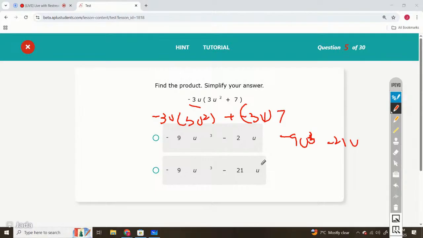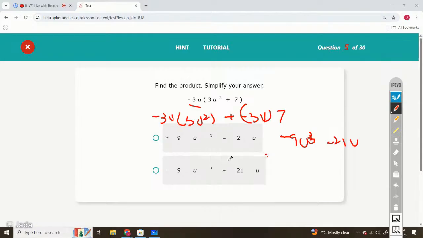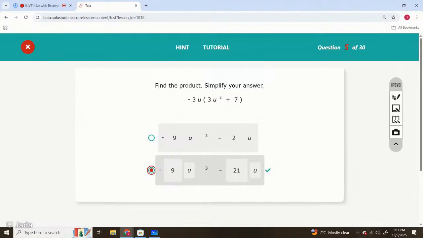Option number 2 is the correct option, that is negative 9u cube minus 21u.